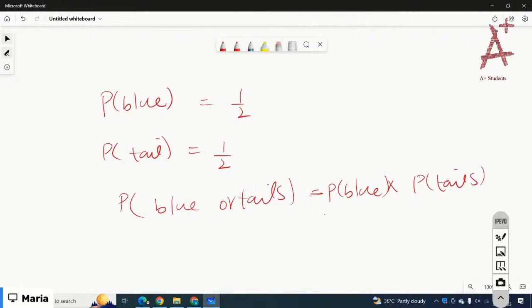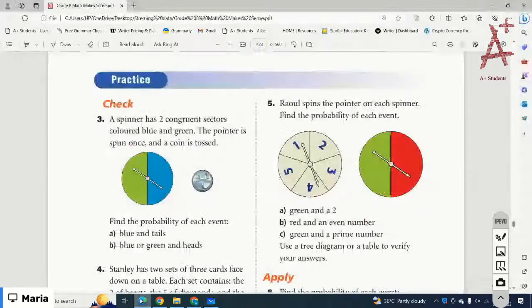So it would be 1 over 2 times 1 over 2, that would be 1 over 4, right? So the probability of blue and tails is 1 over 4. Now the B part is the probability of blue or green and head. Okay, blue or green.